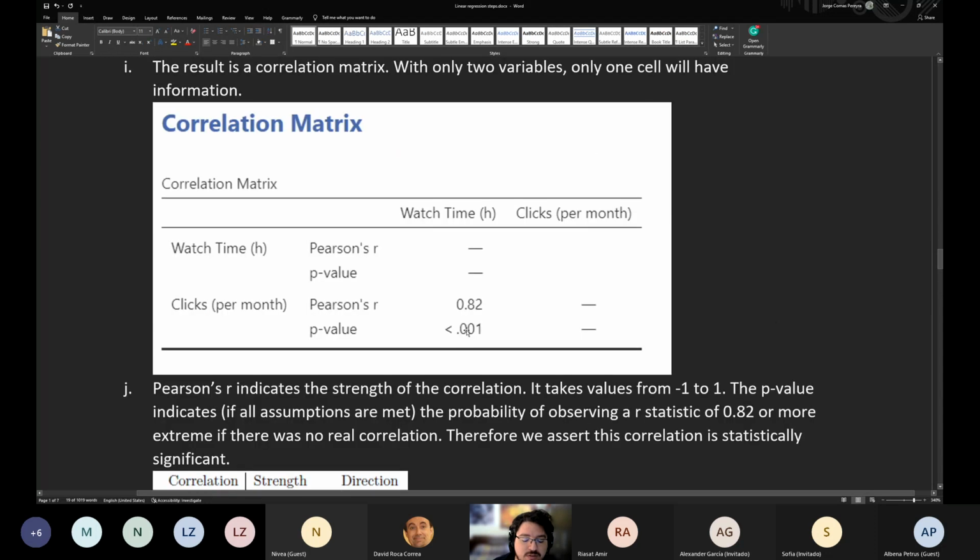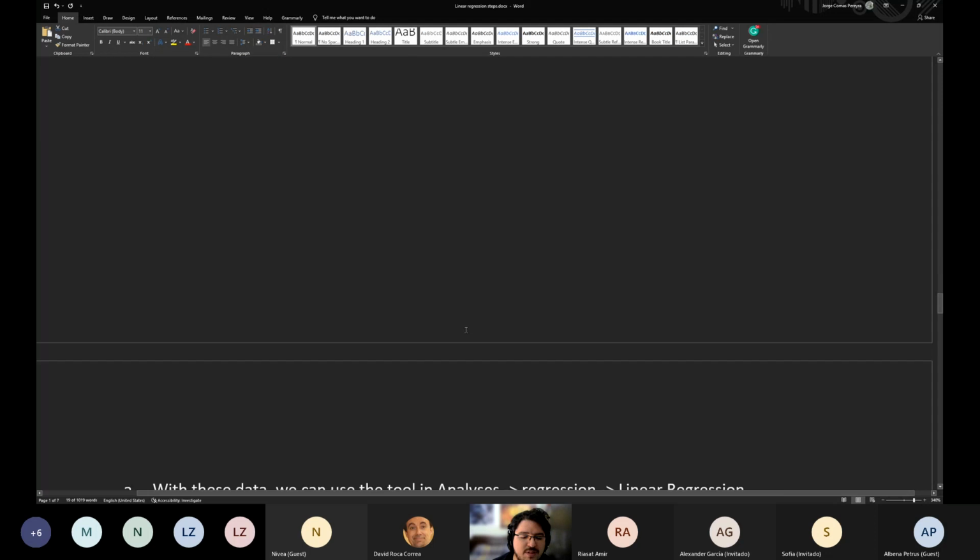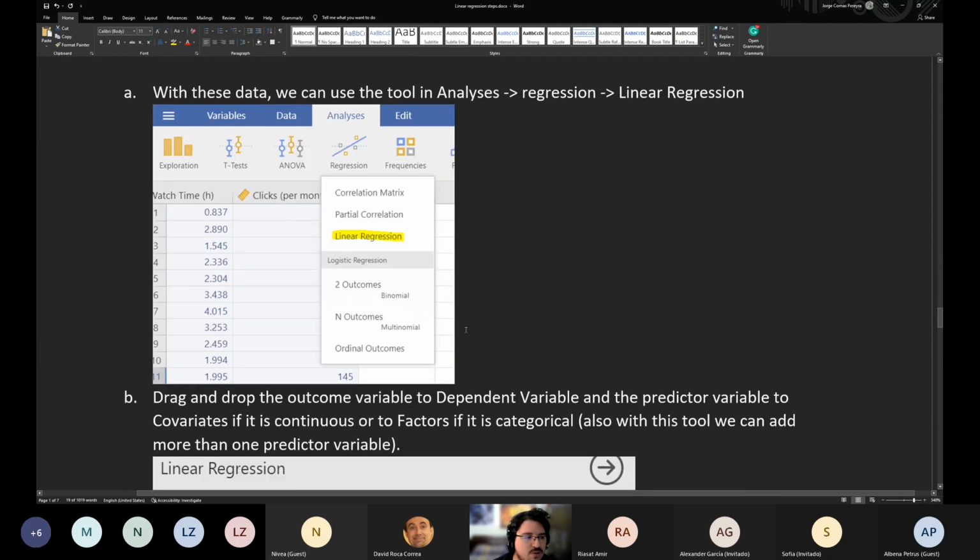This p-value should be low, but particularly should be lower than a threshold. This threshold is arbitrary, and usually it's 0.05. And you should continue with the file, but I feel that this is what I went through the first 30 minutes.